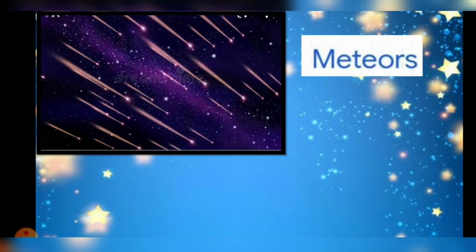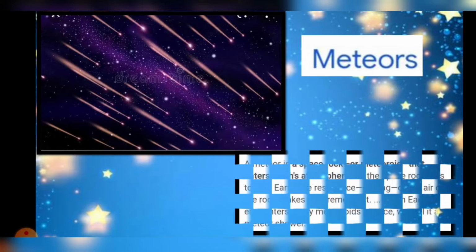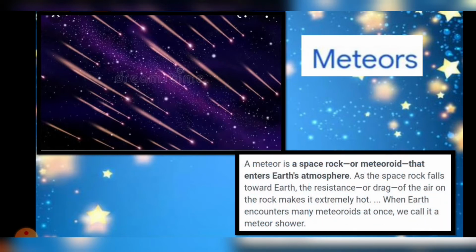Next we will talk about meteors. So here you can see the rain of meteors. So this is how meteors rain down. A meteor is a space rock or meteoroid that enters Earth's atmosphere. As the space rock falls towards Earth, the resistance or drag of the air on the rock makes it extremely hot.